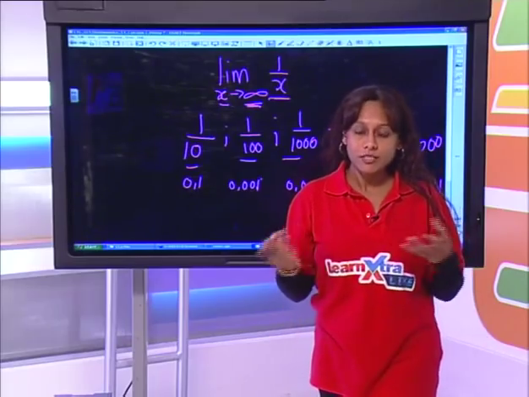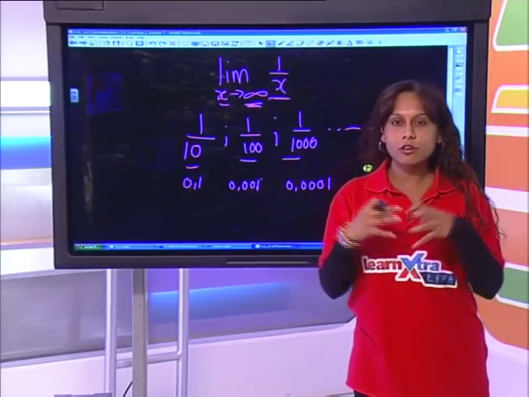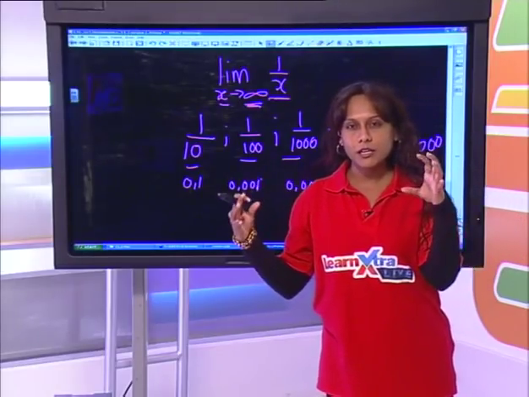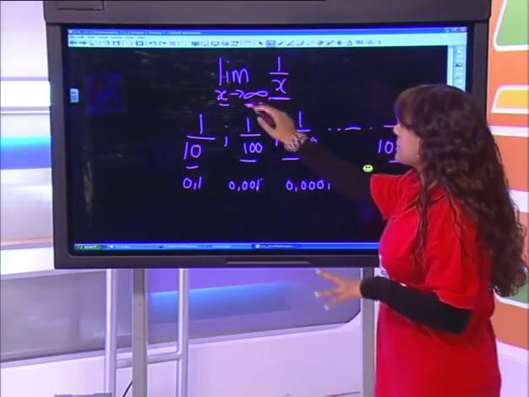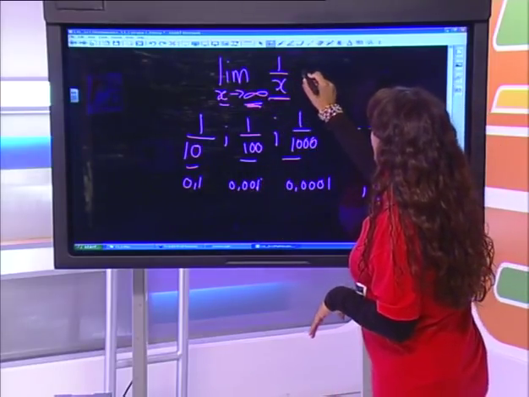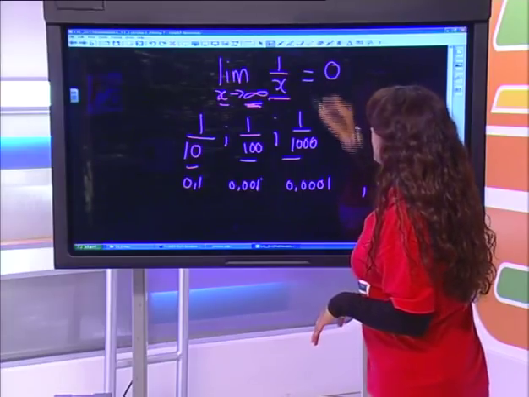Intuitively it makes sense, because as your denominator gets bigger, your fraction gets smaller and smaller. So the limit as x approaches infinity of 1 over x would be 0.